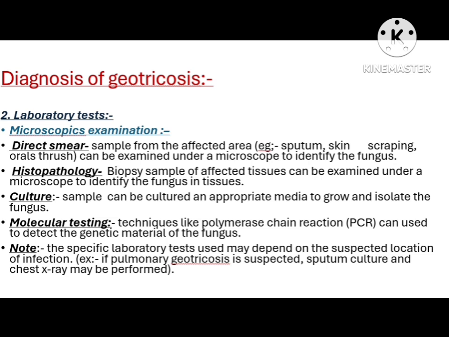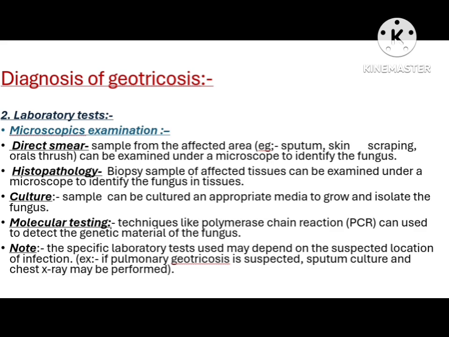C, culture. Samples can be cultured in appropriate media to grow and isolate the fungus. D, molecular testing. Techniques like polymerase chain reaction (PCR) can be used to detect the genetic material of the fungus.